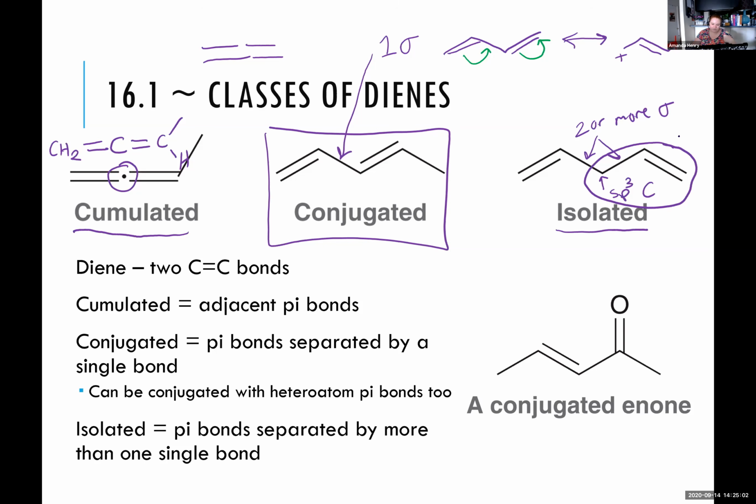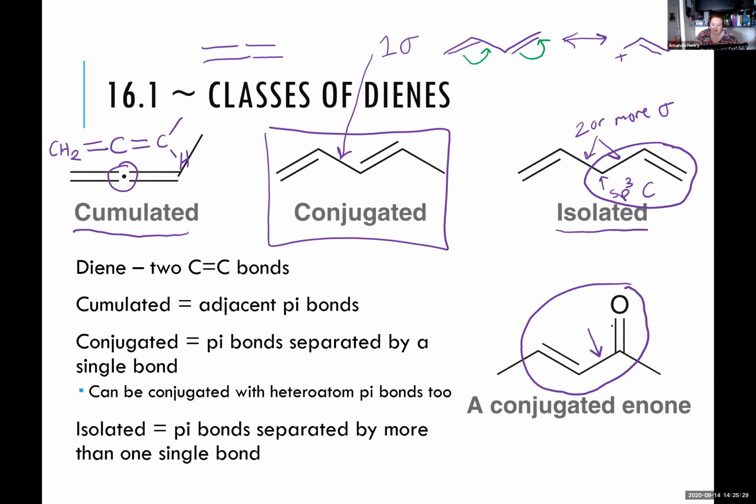Our conjugated systems can contain heteroatoms. So in our picture right down here, this conjugated enone, we have just that one sigma bond in between our two double bonds. One of the double bonds happens to be a carbon-oxygen double bond. That's completely okay. It's still going to have resonance.